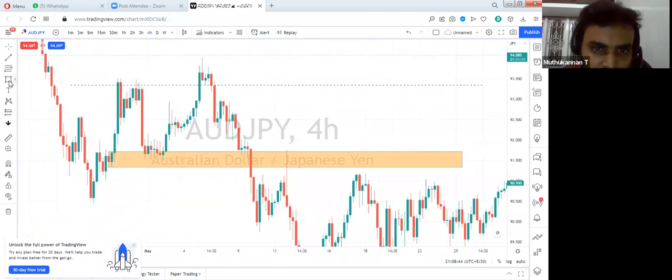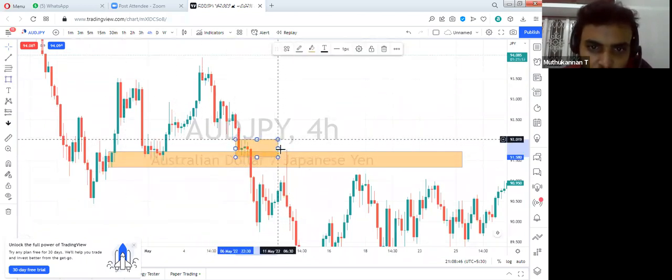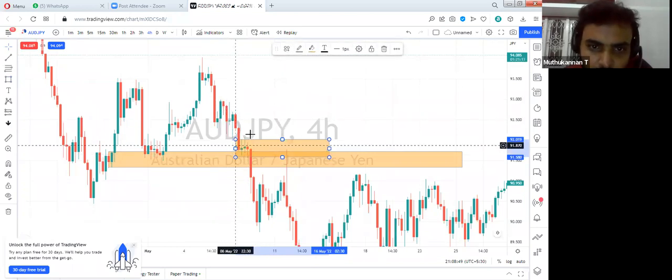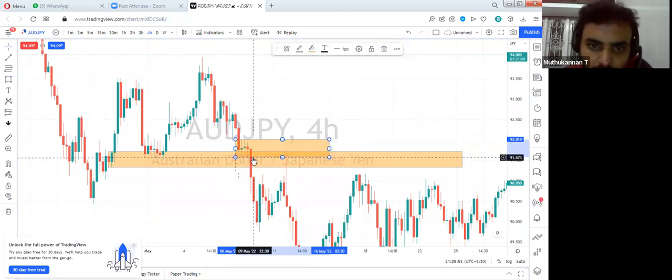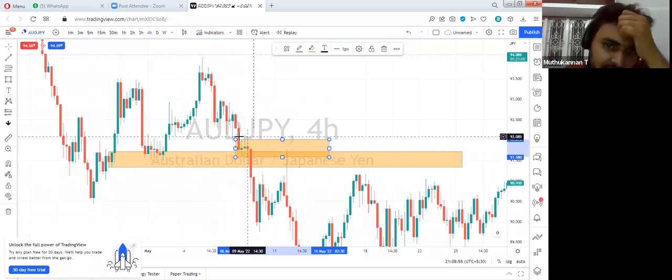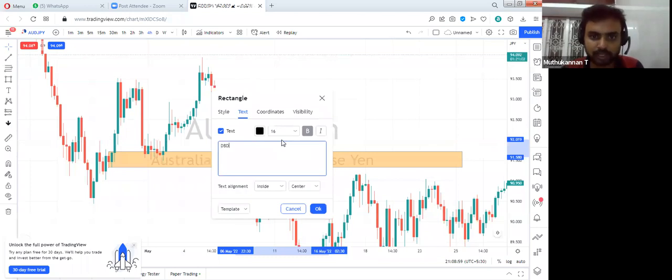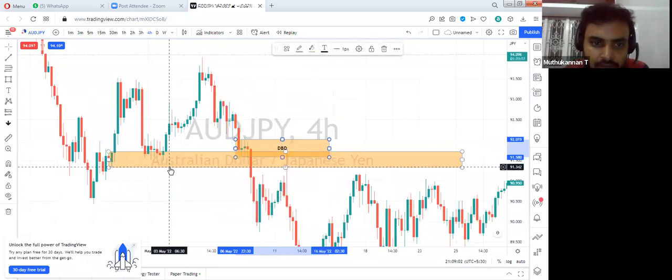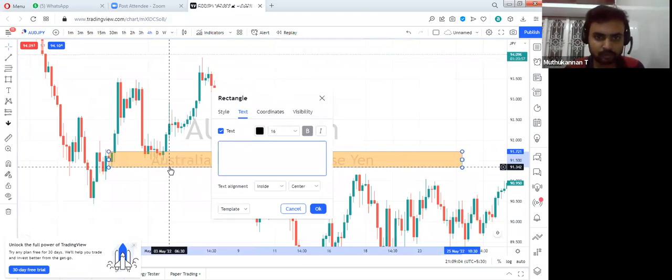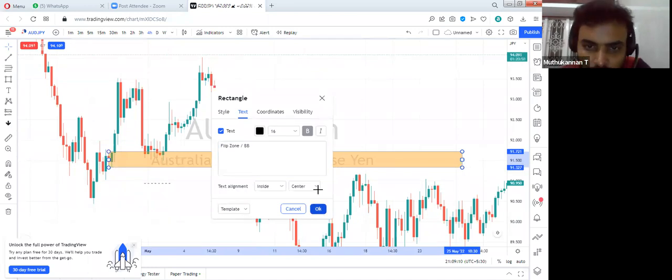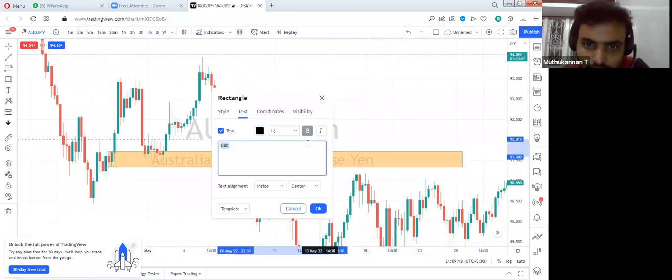From there you can sell, and also you can see there is a drop base drop zone, or order block. Now you have two confluences here. I have my drop base drop zone here. I have my flip zone or breaker block, and you can say this is also a drop base drop or bearish OB, right?